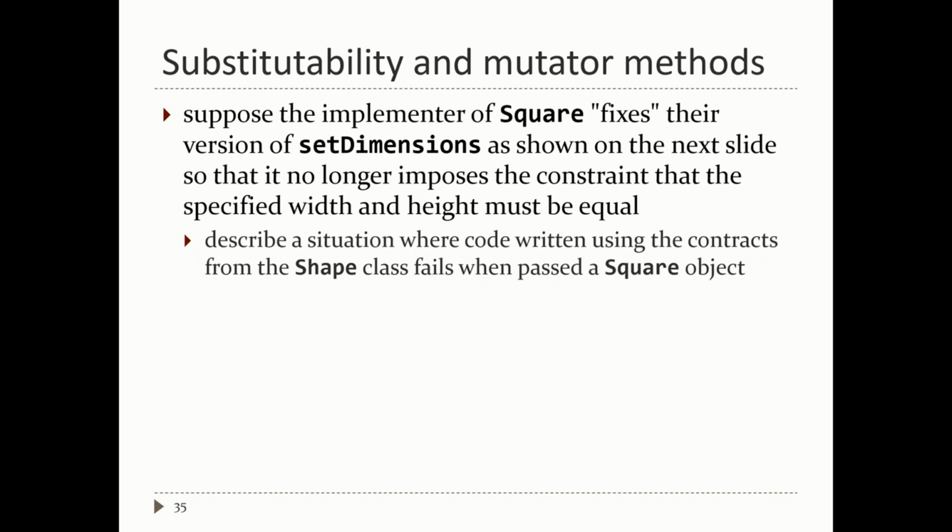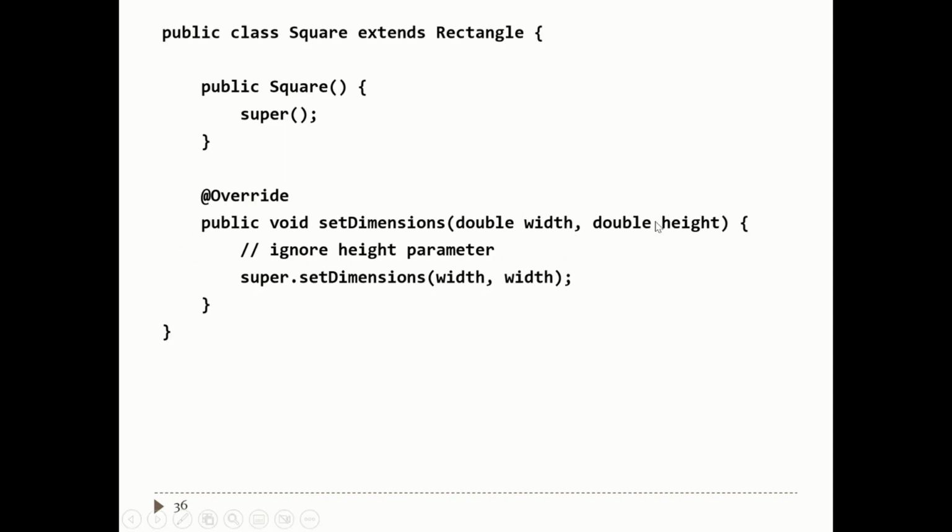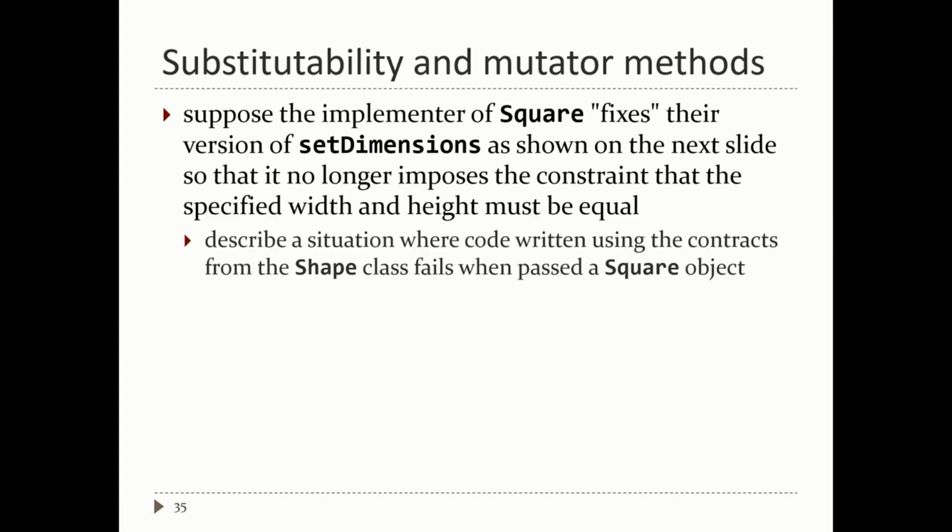Anybody who writes a method that takes in a shape and relies on both the width and height of the shape changing according to the contract of setDimensions has a problem when you pass it a square, because Square is ignoring one of the two dimensions that are passed in. And so it's easy to come up with situations where someone's code that appears correct now starts to fail when you give it a square.